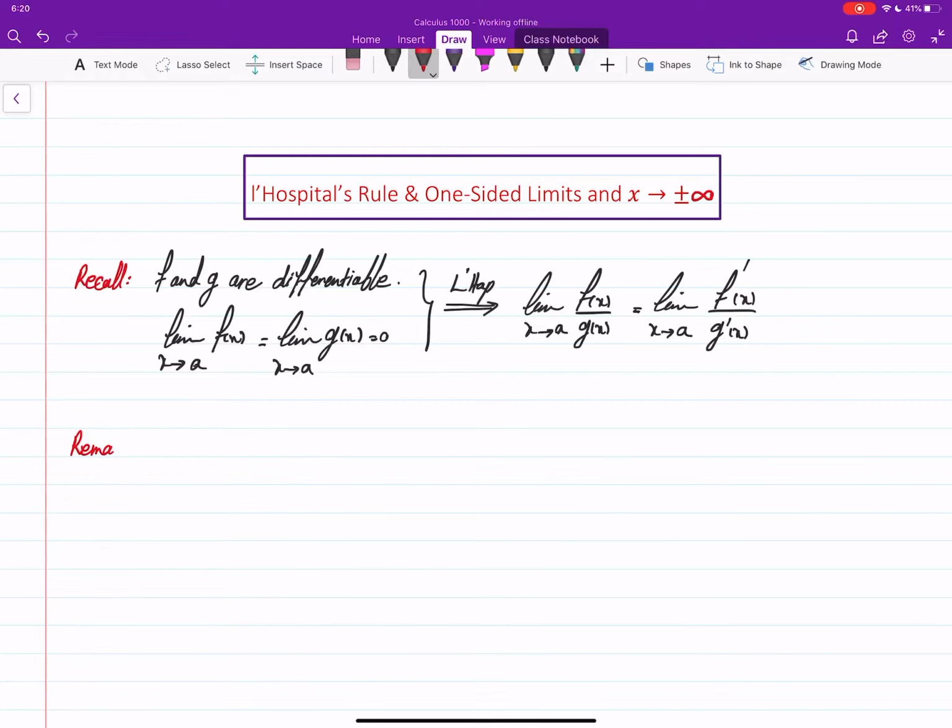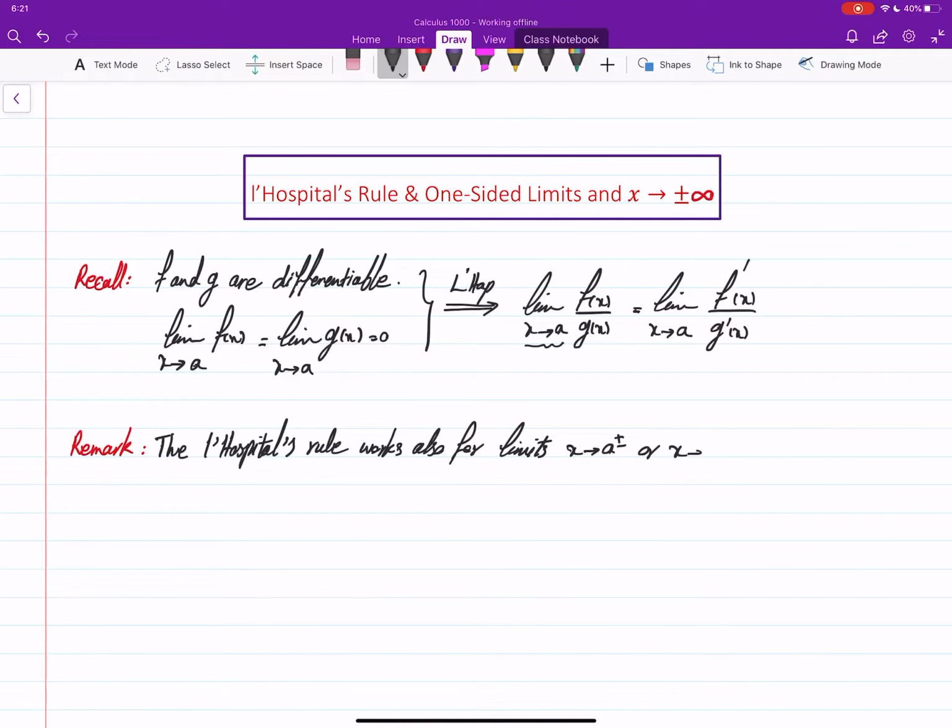And the remark is that this not only works for the limit as x approaches a, it also works when you have one-sided limits. So L'Hopital's rule works also for limits when x approaches a plus or minus, or when you have x going to plus or minus infinity.